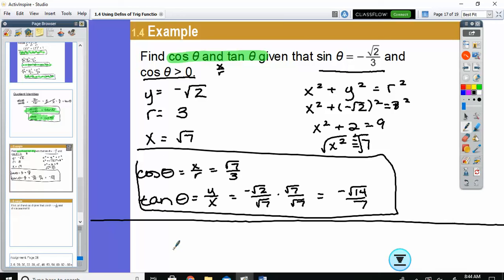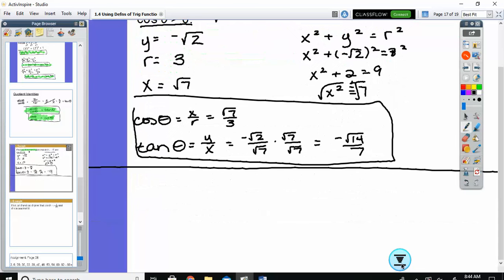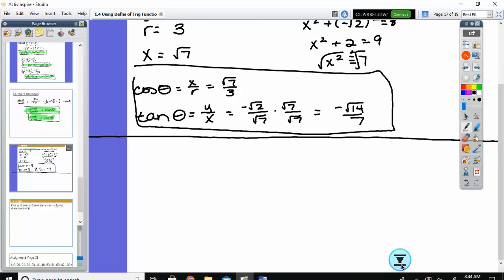What I've given you is sine. I need cosine. Look at your identities. Do we have an identity that uses sine and cosine? Yeah, what is it? Cosine squared theta plus sine squared theta equals 1. So what we can do is substitute in. I told you that sine was what?